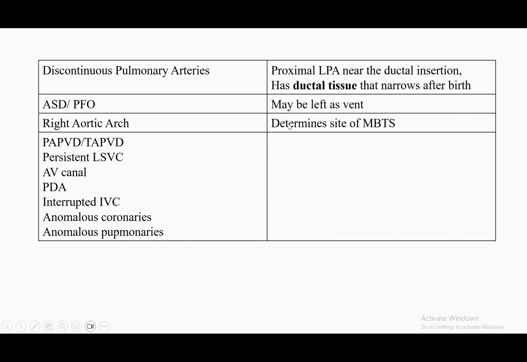A right aortic arch determines the site of the MBT shunt. Also, partial or total anomalous pulmonary venous drainage, persistent left SVC, AV canal, PDA, patent ductus arteriosus, interrupted IVC, inferior vena cava, anomalous coronaries and anomalous pulmonaries.